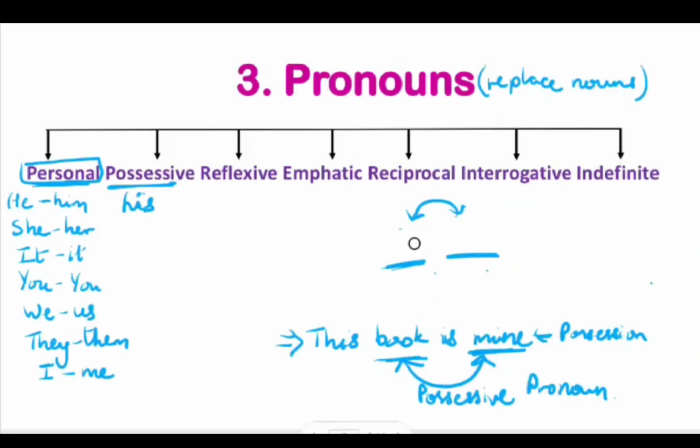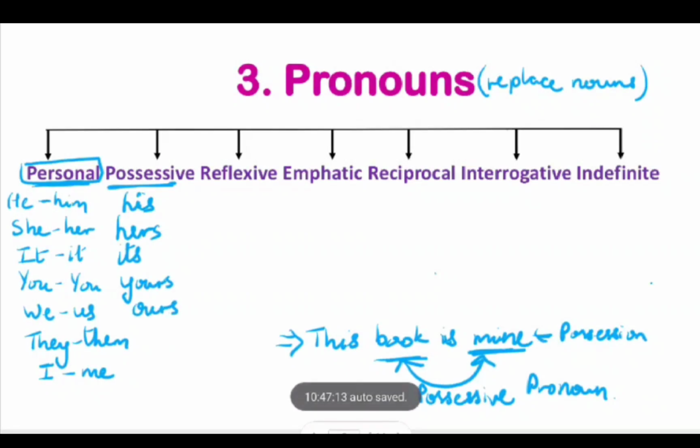All right, children. So this book is his. This book is hers. This book is its. This book is yours, with an S. This book is ours. This book is theirs.